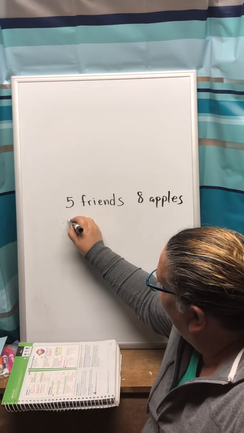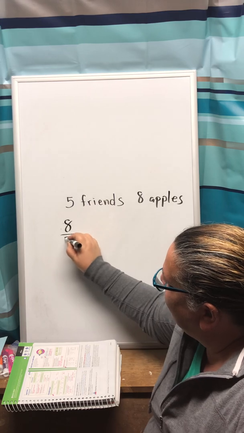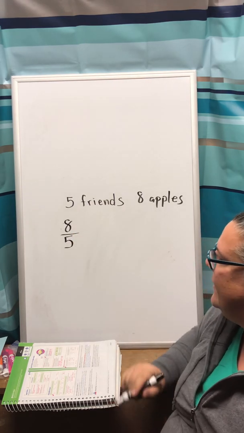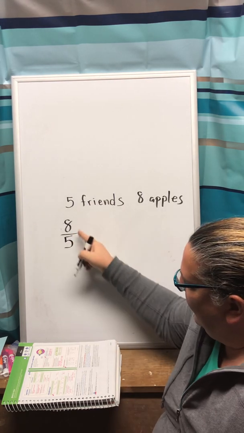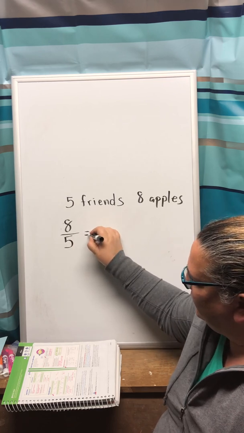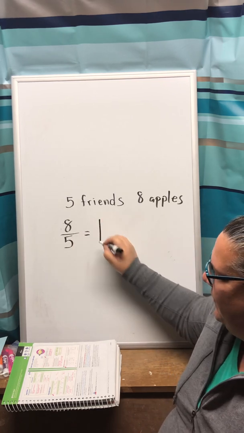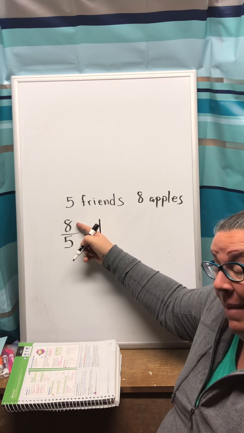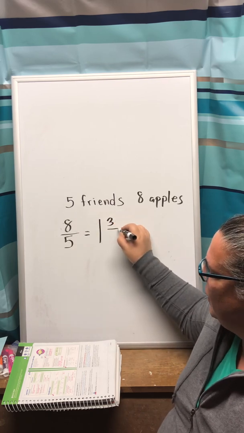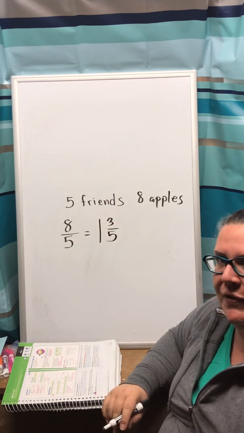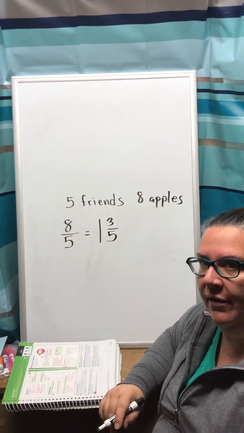So we're doing 8 apples divided by 5 friends. And we can simplify that to 1, and 8 minus 5 gives me 3, and 3/5. So 1 3/5 per friend.